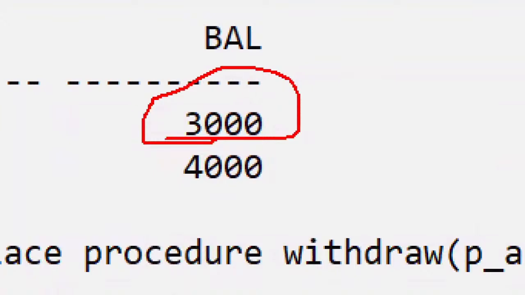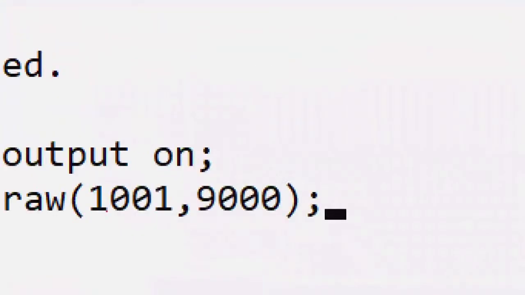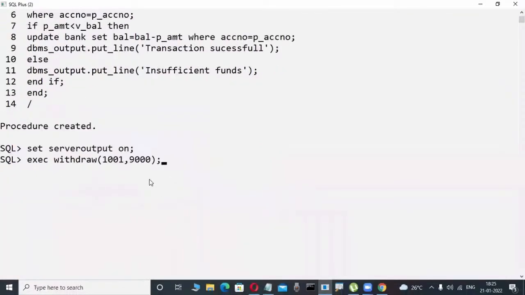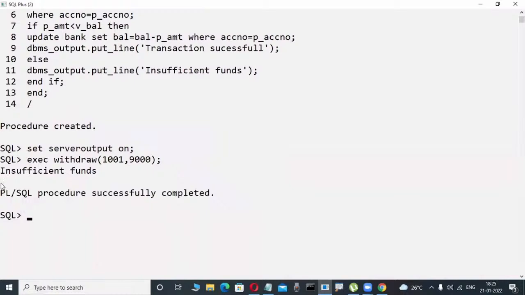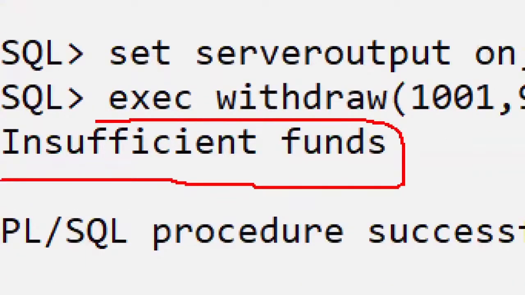In my table, 3,000 is the current balance. Now my account number 1001, but I try to withdraw how much amount? 9,000 I try to withdraw because this program I'm writing only, don't worry. Whenever I try to withdraw 9,000, is it possible? No. So now here it will give a message, insufficient funds.